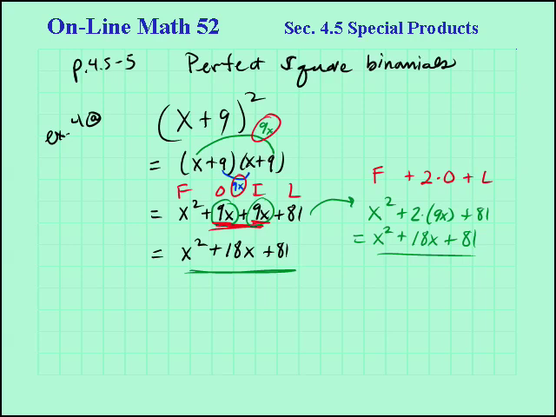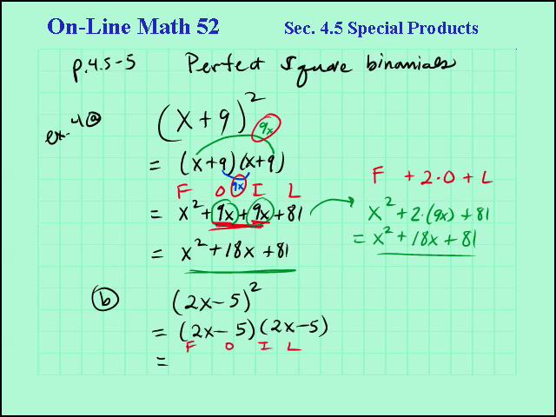Let's look at example 4b. 4b says 2x minus 5 quantity squared. It is a binomial squared. We can rewrite it as 2x minus 5 times 2x minus 5. We could use the full FOIL method and find the first product, which is 2x times 2x, or 4x squared.